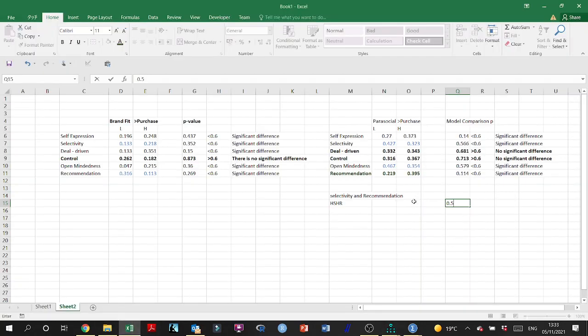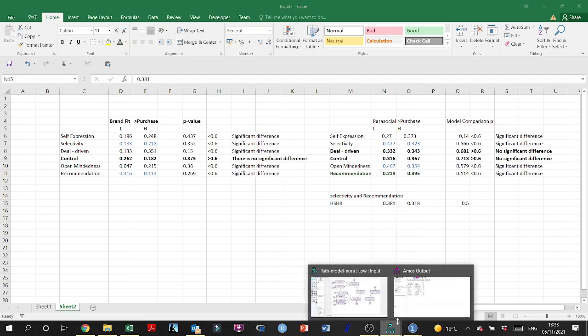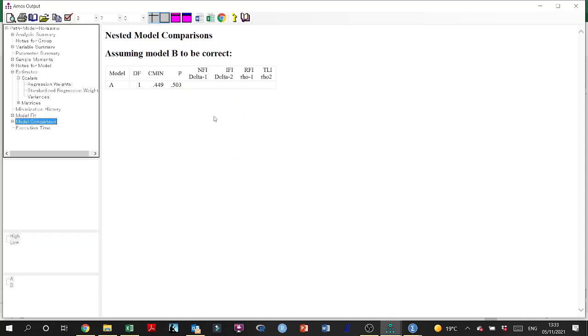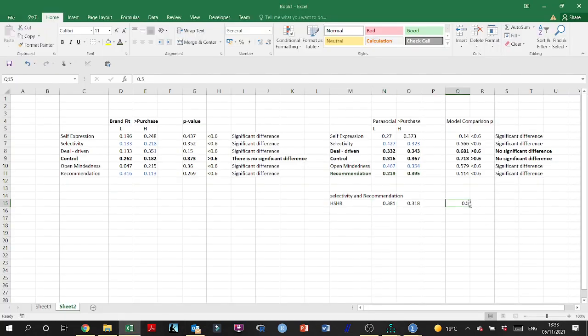So it's still the same dilemma: here is 381 and here is 318, lower than here. Okay, but it's interesting to see. 503, okay, if you want to be very precise.